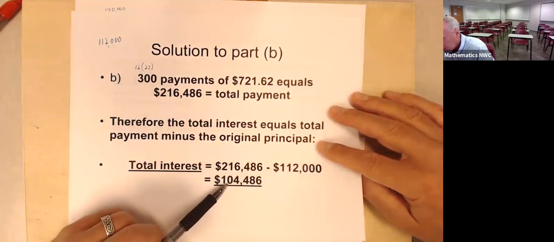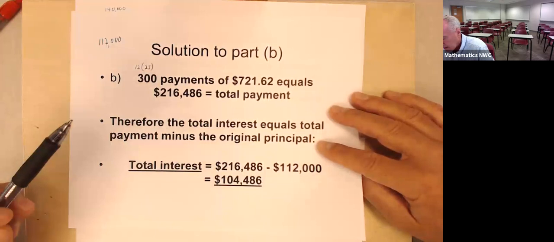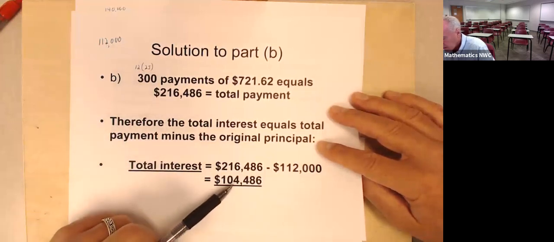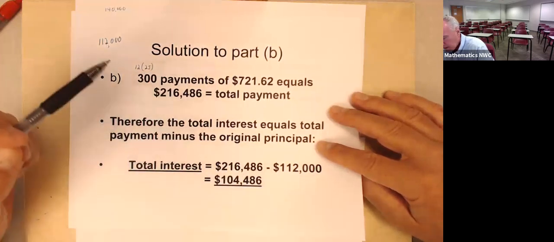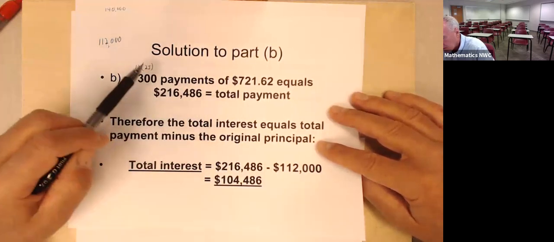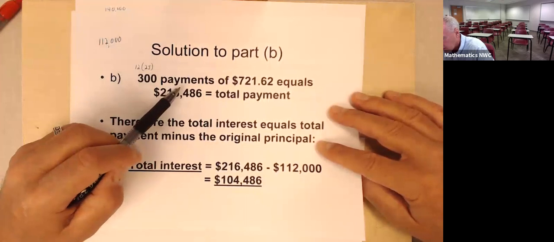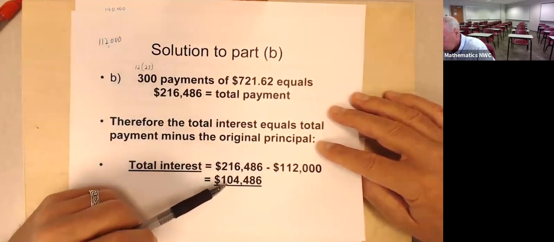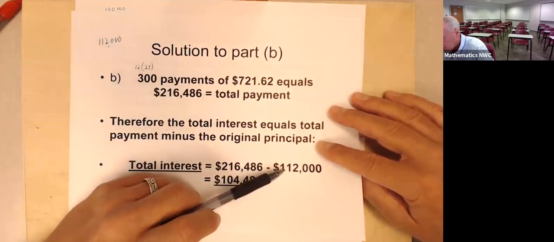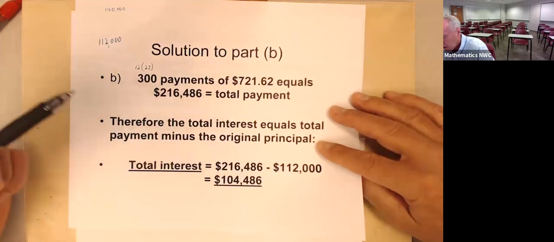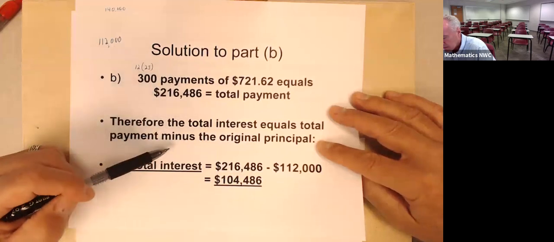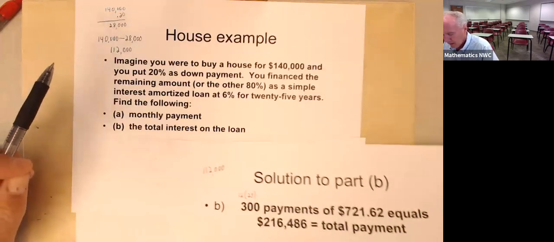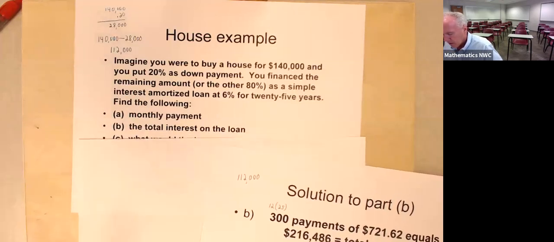It meant you paid $104,000 in interest. Notice you almost paid for your house twice. If it would be about at 7%, had it been at 7% for 25 years, you probably would have paid back about $110,000 to $120,000. You would have paid for it twice. That's standard procedure. That was the total interest.